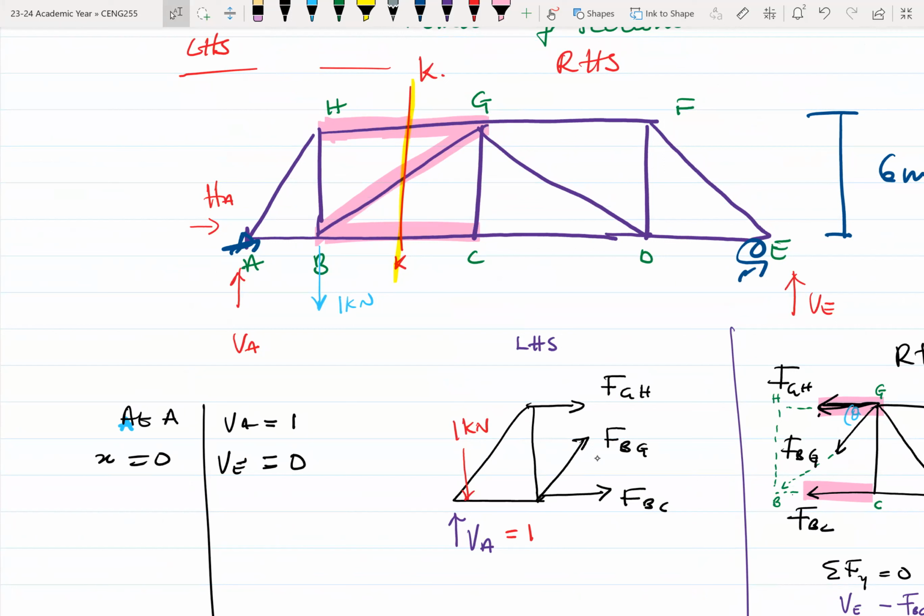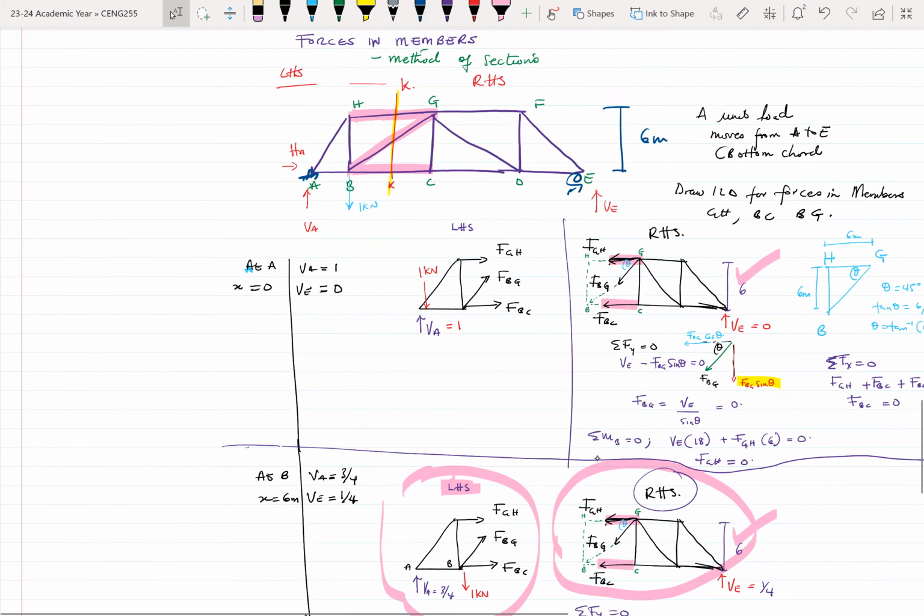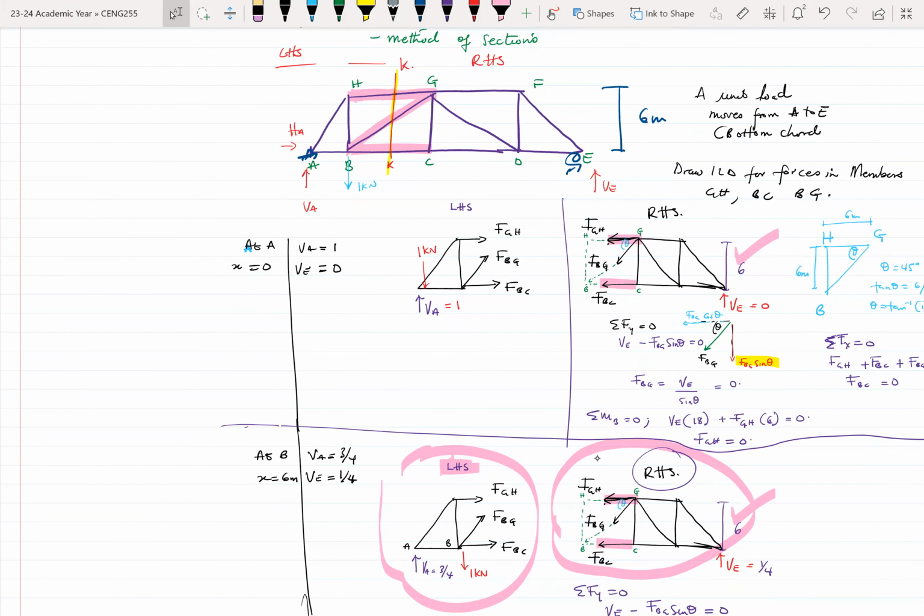And since you only have a vertical external load on the system, the horizontal reaction most likely will be zero, because HA equals zero. There's no other horizontal external load to equate the external horizontal reaction to. So that would be zero. For ILDs, we are only looking at the vertical unit load across the length of the track.